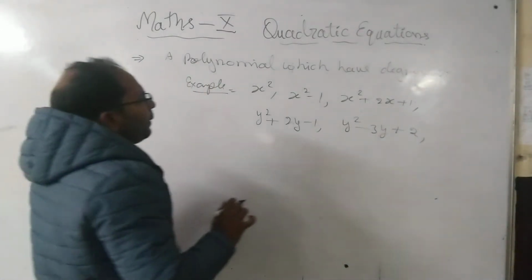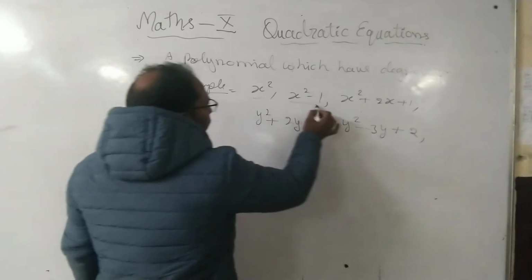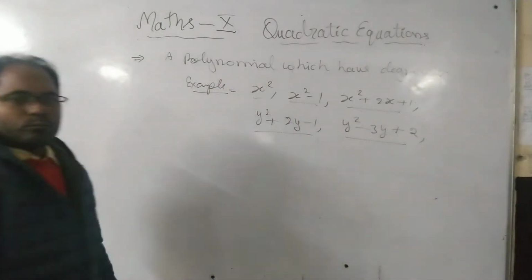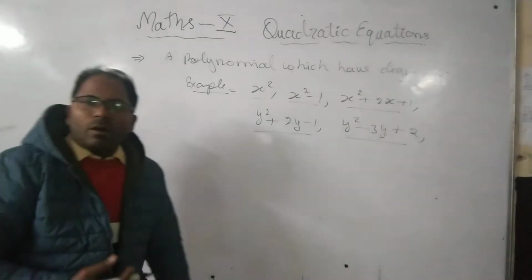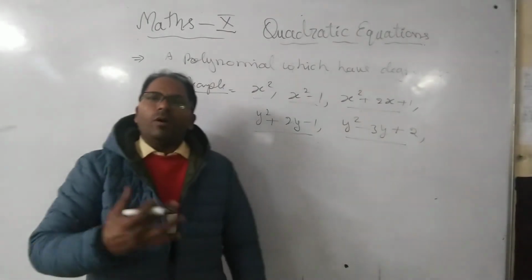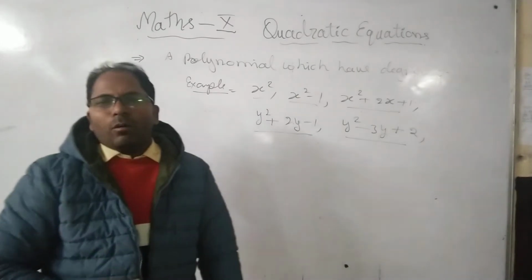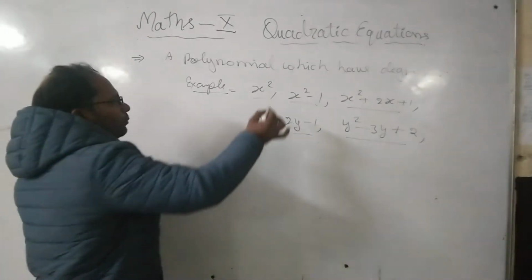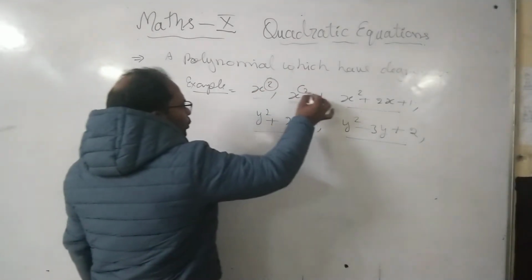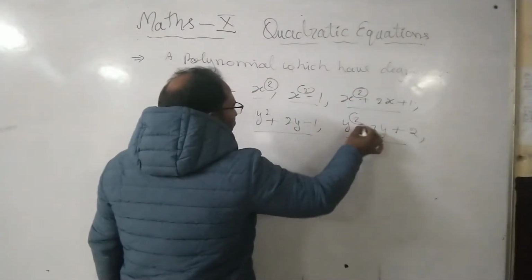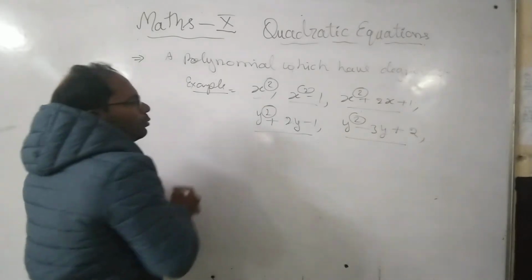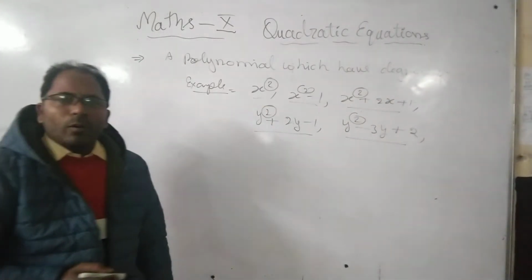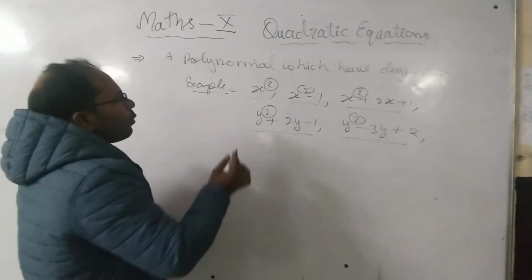It is mandatory that in a quadratic equation there should be one variable only. Either it is x or y or z, t, whatever variable you can use. But there is supposed to be one variable, and the maximum degree of the variable should be 2. So a polynomial which has maximum degree 2 is known as quadratic polynomial, and this is called quadratic equation.